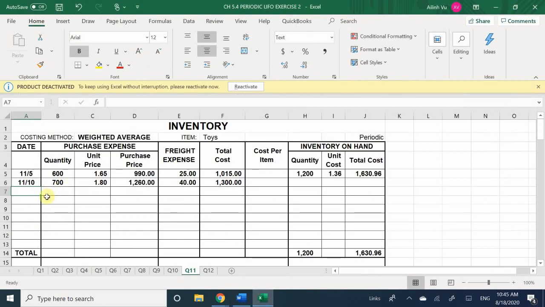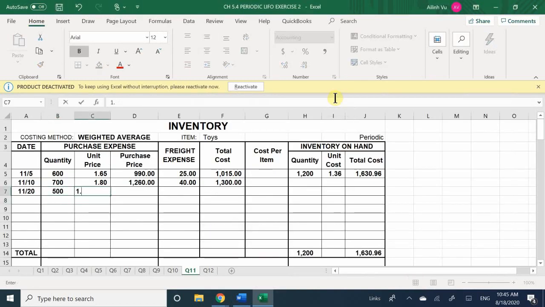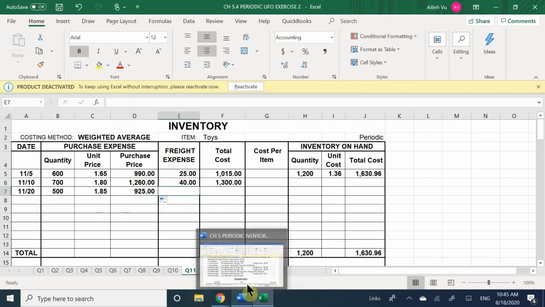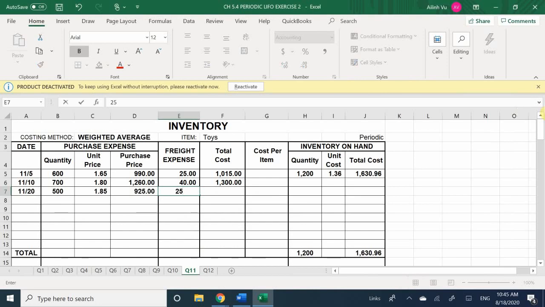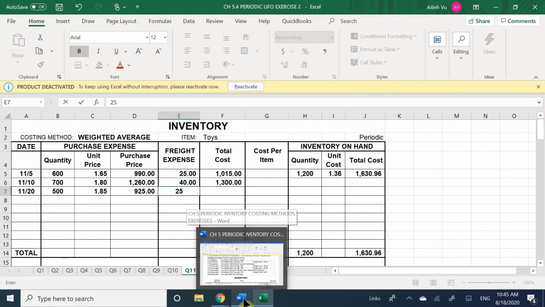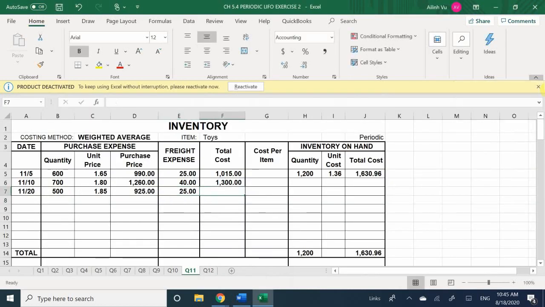That purchase comes to 925. Good. And my freight for this one was $25. So the total is 950.